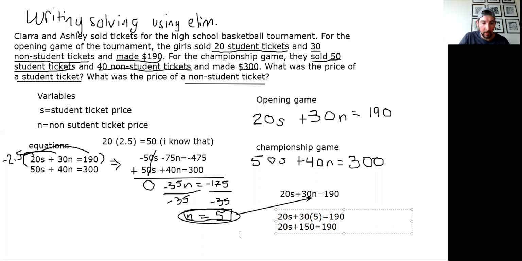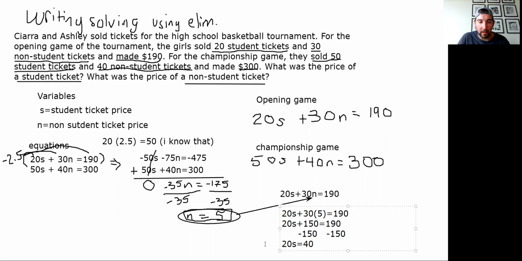All right. From there, I can go ahead and subtract my 150 from both sides. And that would give me 20s equals 40. I go ahead and divide by 20. I can't really do that on this, so 40 divided by 20, I think we would all understand that s equals 2.